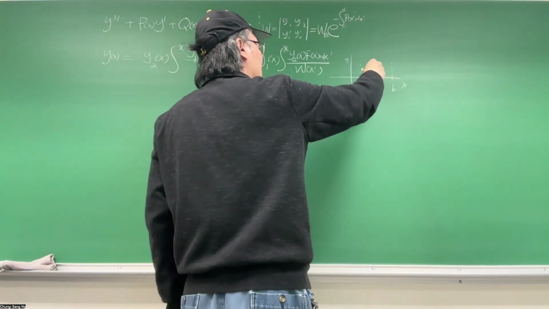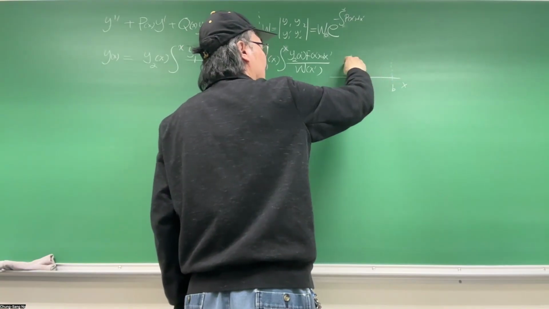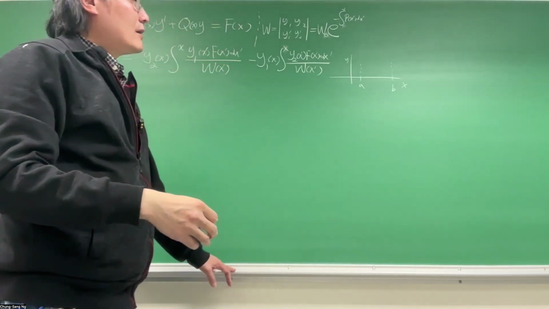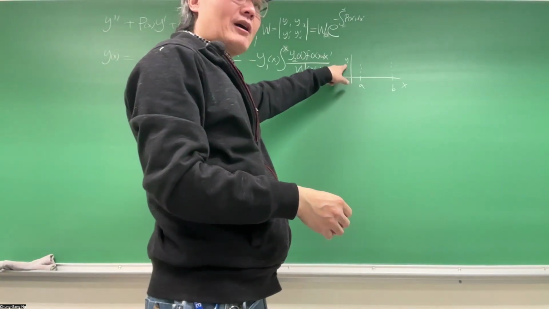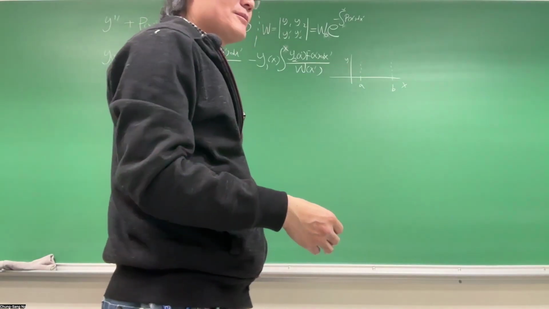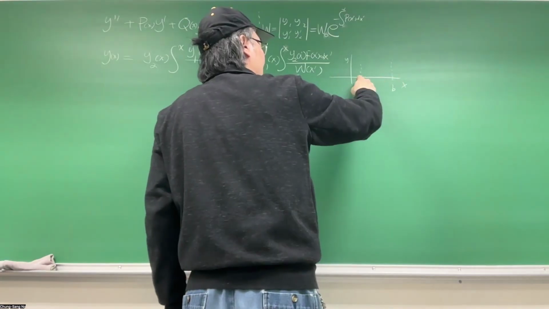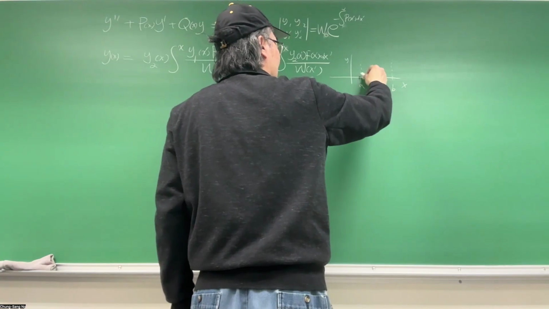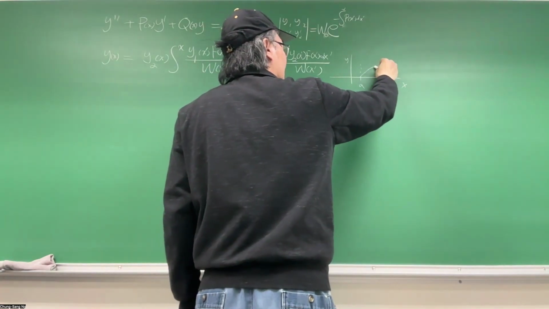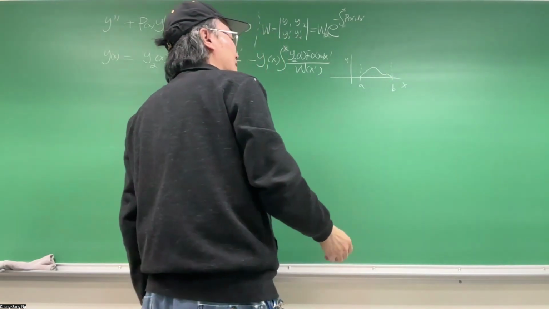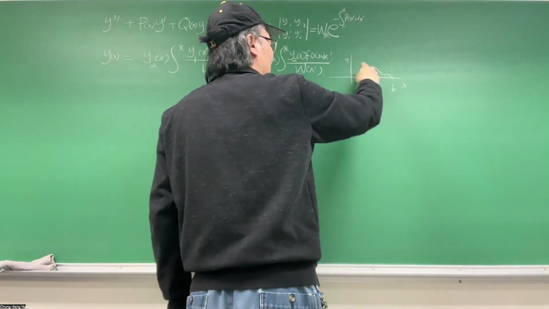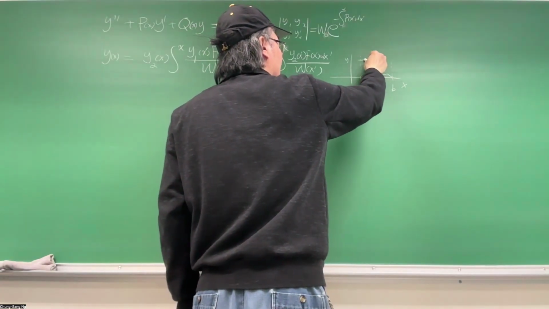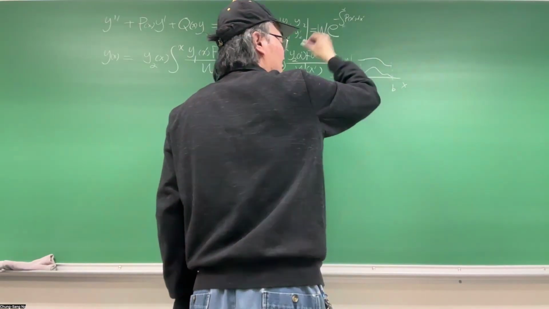If you specify y at a given point, we call it a Dirichlet boundary condition. If we specify the derivative y prime, we call it a Neumann boundary condition. So you can specify the Dirichlet boundary condition at both points. You set it to 0, or it doesn't have to be 0, whatever value is fine, and you solve for y, right? Or sometimes you set the derivative to 0, and you find a solution, right?